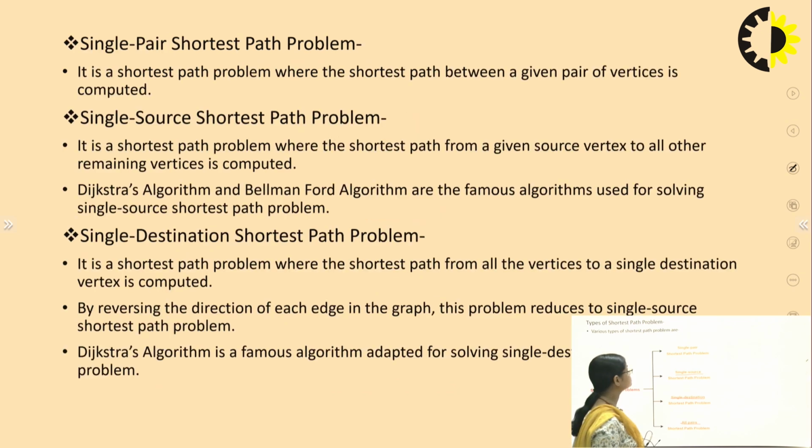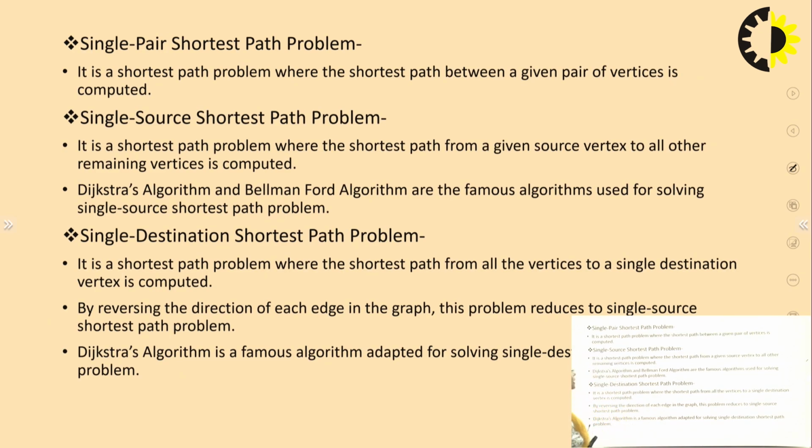Now, single pair shortest path problem. It is a shortest path problem where the shortest path between a given pair of vertices is computed. Right?